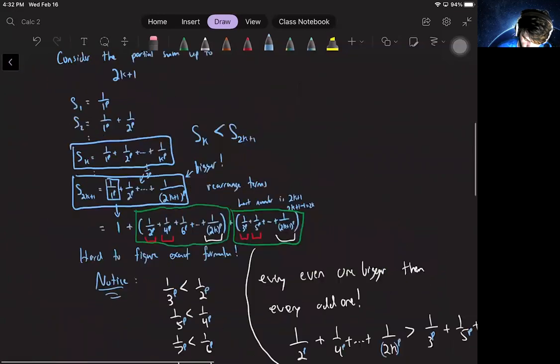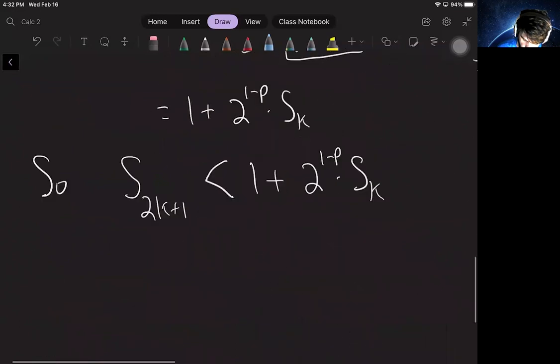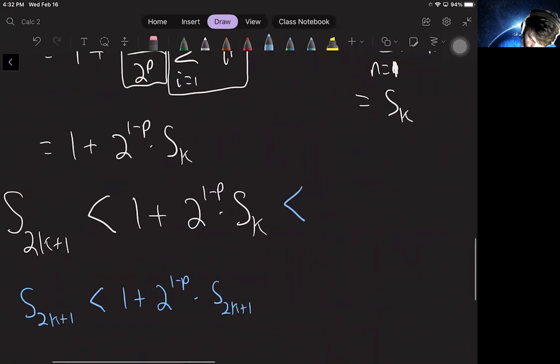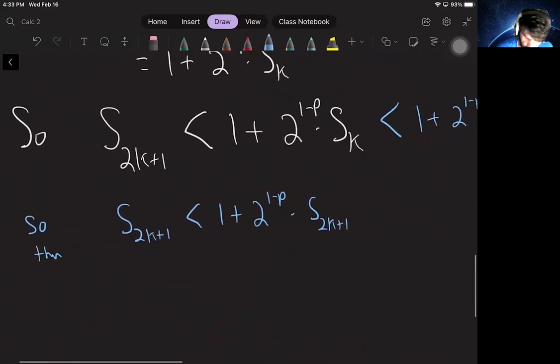So then down at the very end where we are, if I replace S_k with S_{2k+1}, it gets bigger because I can just make a chain of greater thans or less thans, as long as the thing that I chain with it gets bigger. So this is true.